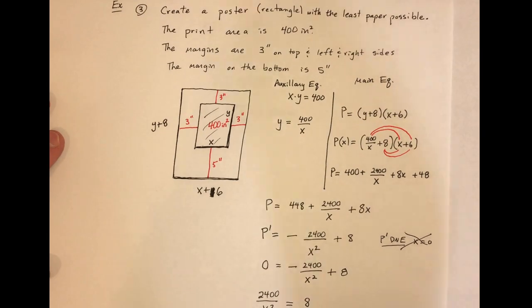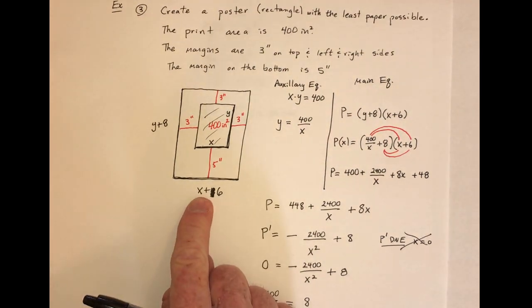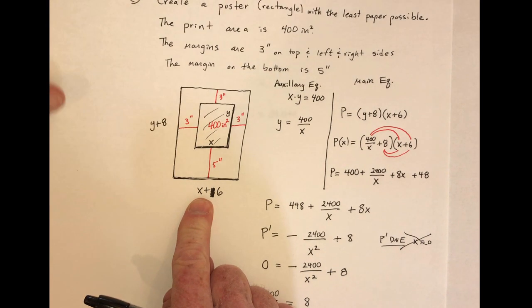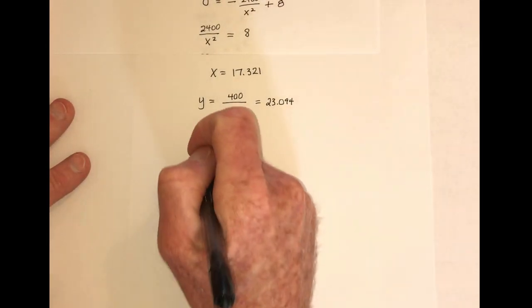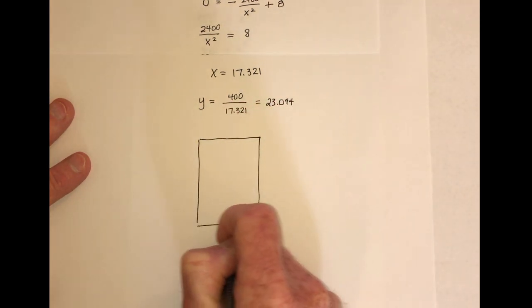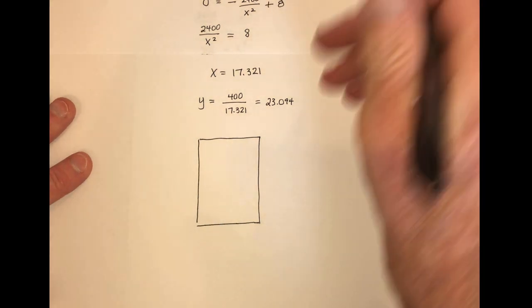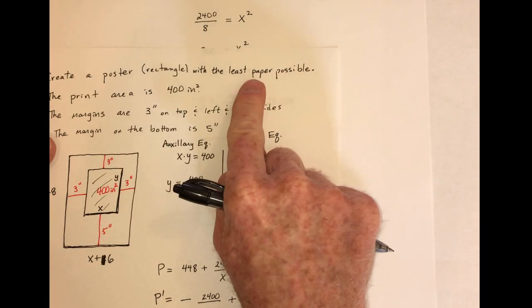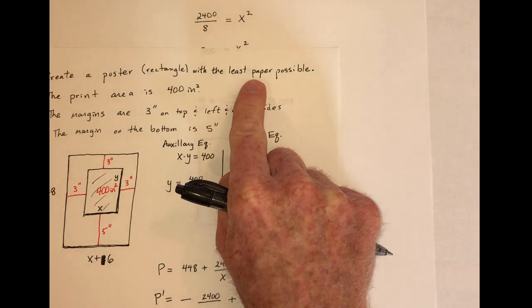Finally, the overall dimensions are going to be x plus 6 by y plus 8. So the final answer is, here's the outside of the poster, because that's how much paper is needed to make the whole poster. And we're talking about using the least amount of paper possible.